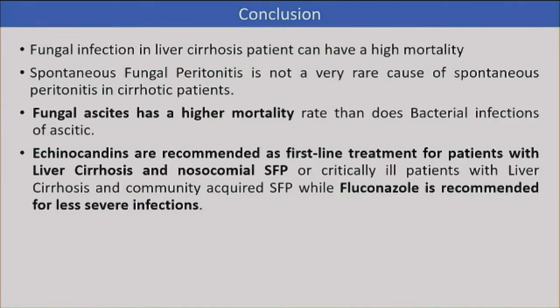So, dear colleagues, ladies and gentlemen, my conclusions: fungal infections in liver cirrhosis patients can have a high mortality. Spontaneous fungal peritonitis is not very rare, so this must be considered in patients with liver cirrhosis, especially in patients with high risk of fungal infections.